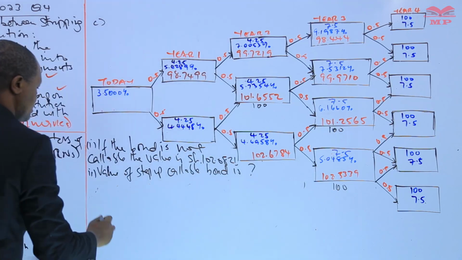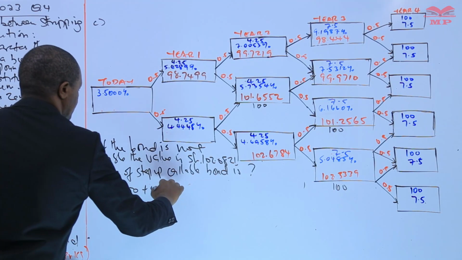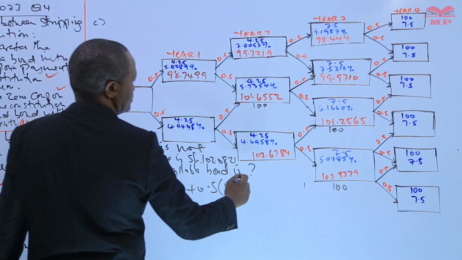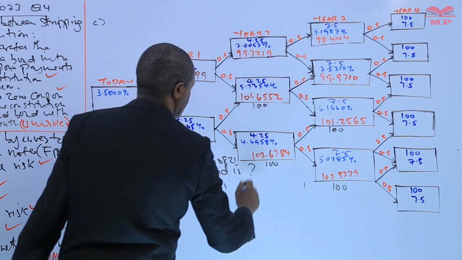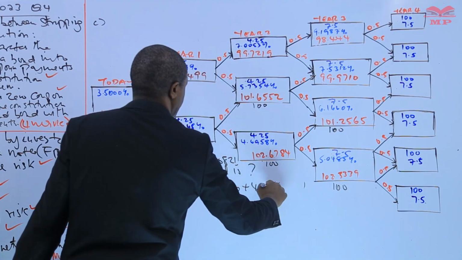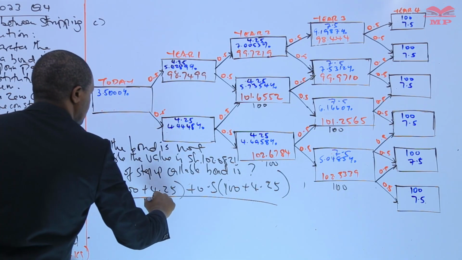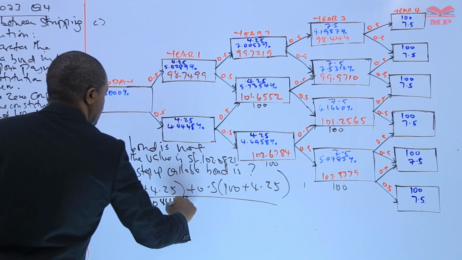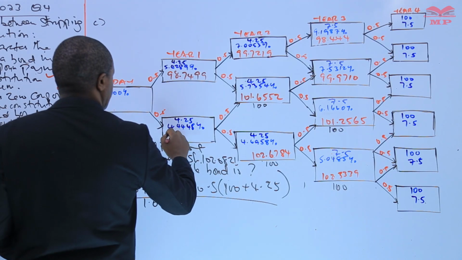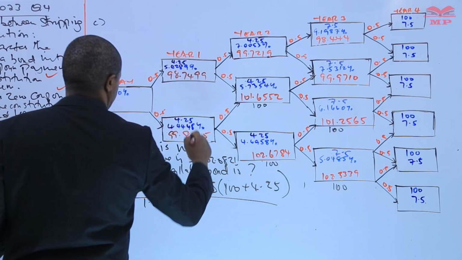We'll take 100, 0.5, 100 plus 4.25 plus 0.5 into, here it will be 100, 100 plus 4.25, divide by 1.04448. I get here 99.8135.